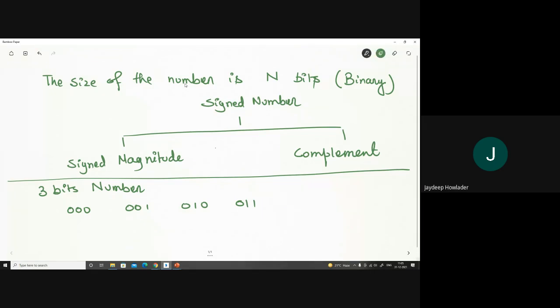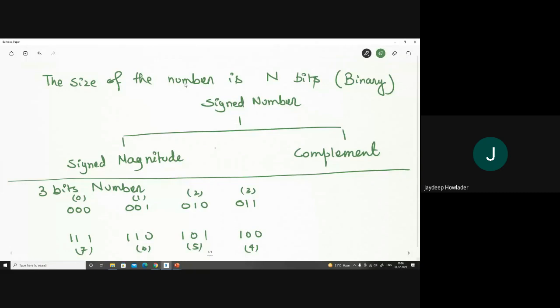1, 0, 0, 1, 0, 1, 1, 1, 0, and 1, 1. If we consider their numerical values, this is 0, this is 1, this is 2, this is 3, this is 4, 5, 6, and 7.